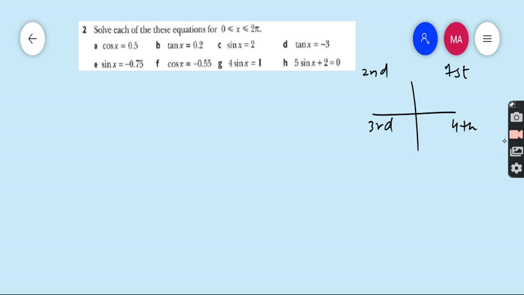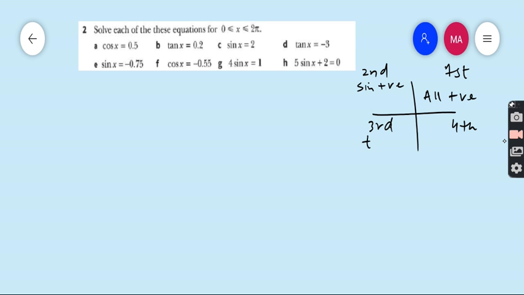In the first quadrant all are positive, which means sine, cos and tan are positive, and the range of the first quadrant is 0 to 90 degrees. In the second quadrant, sine is positive and cos and tan are negative, and the range is 90 to 180 degrees.